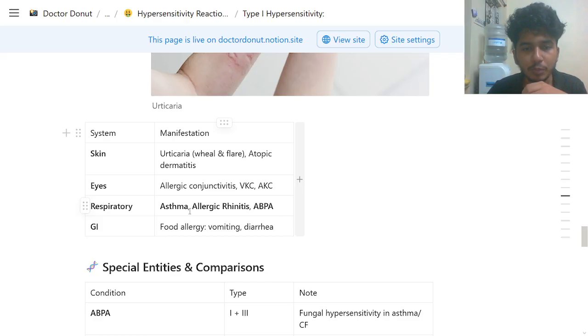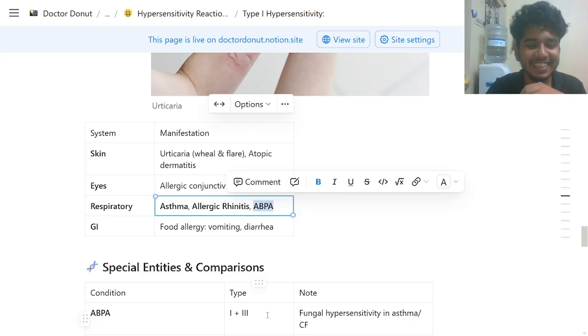Respiratory symptoms could be asthma, allergic rhinitis, and an exam favorite is ABPA. That is aspergillosis bronchopulmonary asthma. Did I get it right? Guys, if I get it right, you have to donate 5 rupees in the chat.